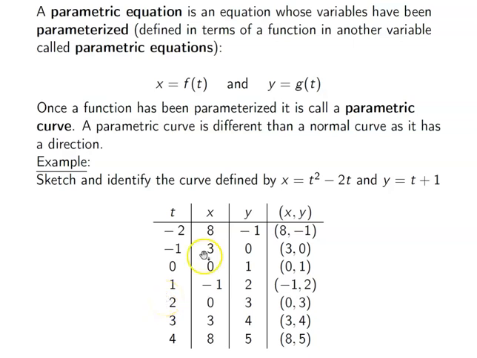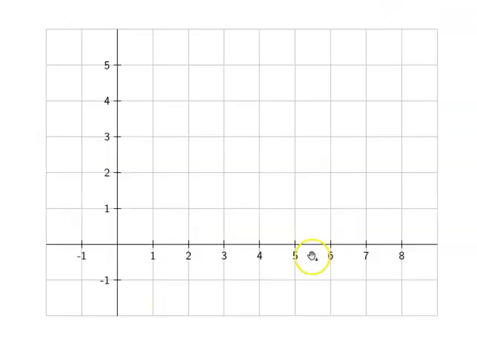And I'm going to go ahead and plot these points in order, in order as time progresses. So the first one is at 8, -1. That's at t equals -2. The next one was 3, 0. So that was t equals -1. So as you can see, we're moving in this direction. Next, I have 0, 1.